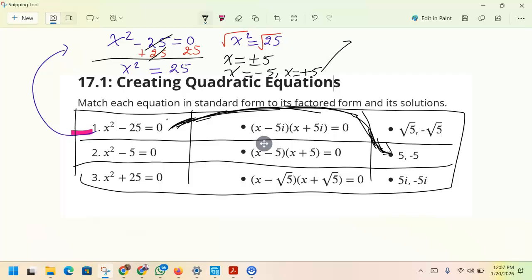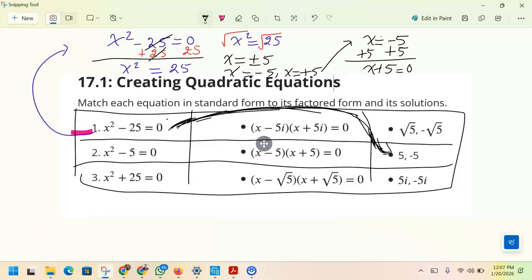From here we can write down, I'll put an arrow to show the meaning of x equals minus 5. If you add plus 5 both sides, you end up getting x plus 5, so one of the factors is x plus 5 equals 0.